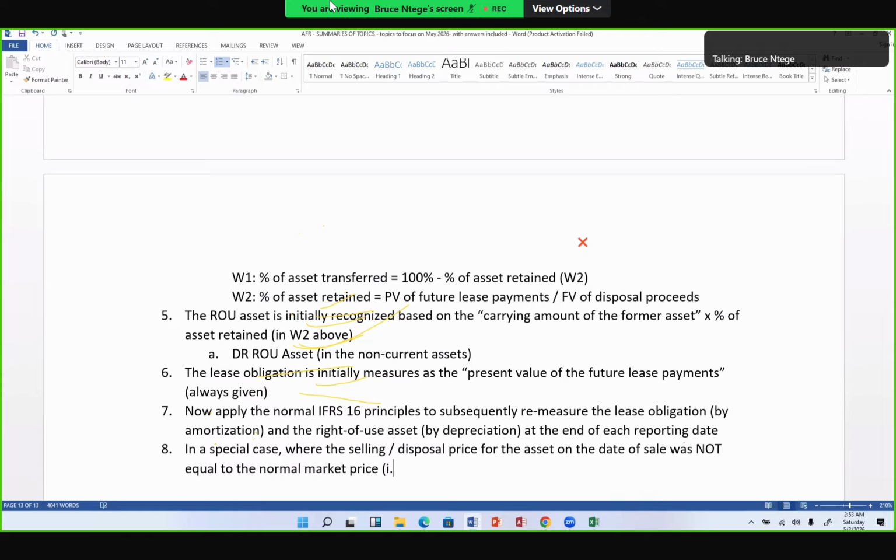That is to say, the asset was sold at an abnormal price.